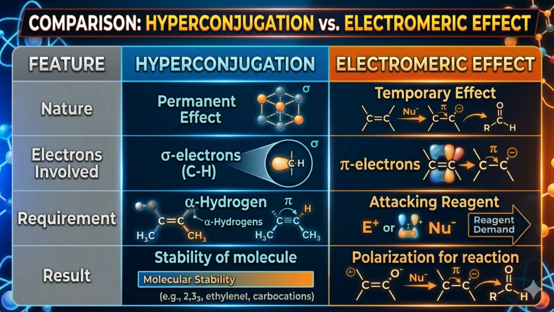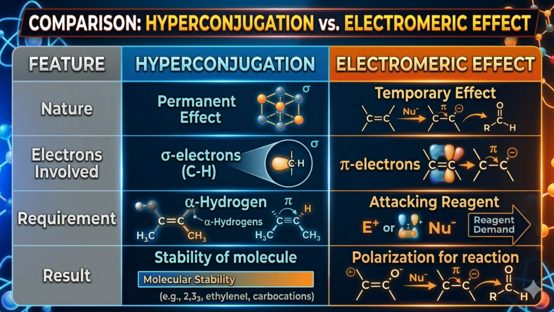Now, what about the electrons involved? In hyperconjugation, we deal with sigma electrons, specifically from C-H bonds. But in the electromeric effect, pi electrons are involved, typically from double or triple bonds. Next is the requirement. For hyperconjugation to happen, we need alpha hydrogen atoms attached to the carbon next to a double bond or carbocation. In contrast, the electromeric effect requires an attacking reagent.